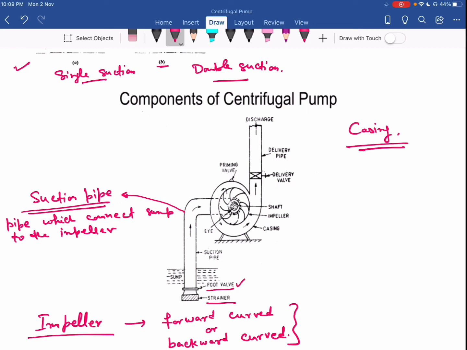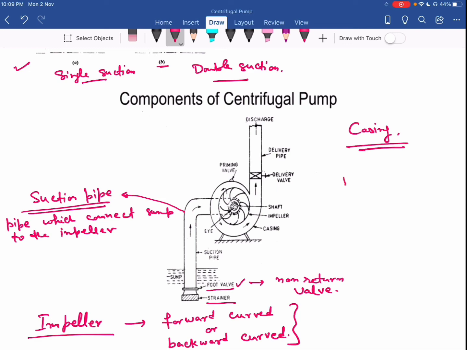In this valve, the water goes only in one direction, that is from bottom to top. This is one type of non-return valve. It does not allow the water to go back into the sump.